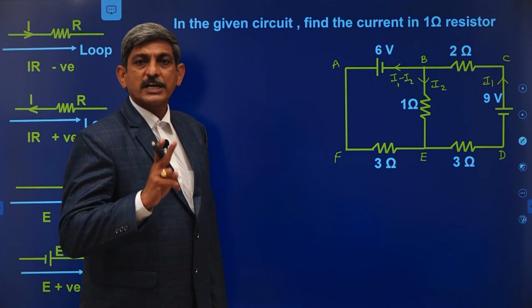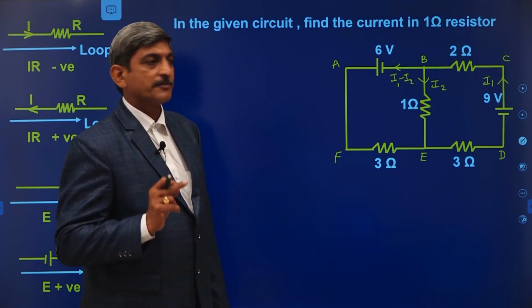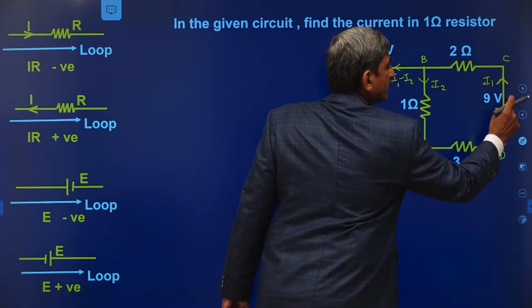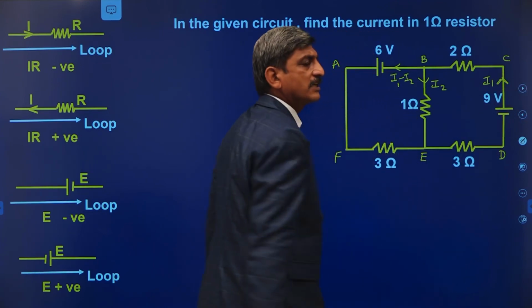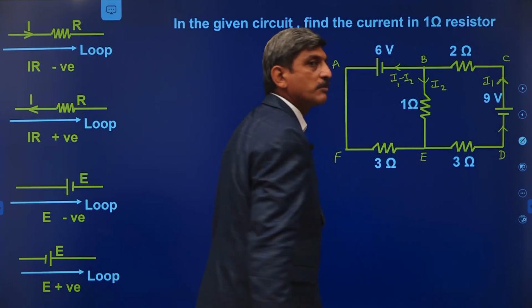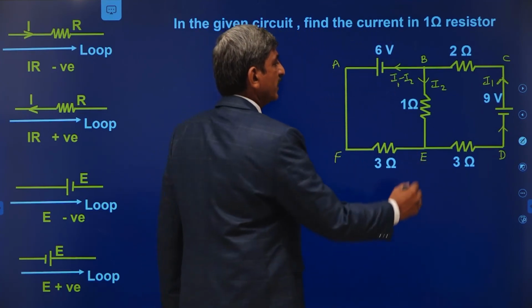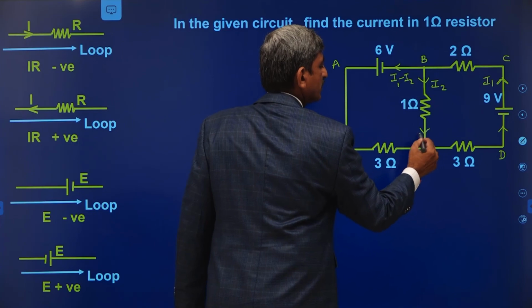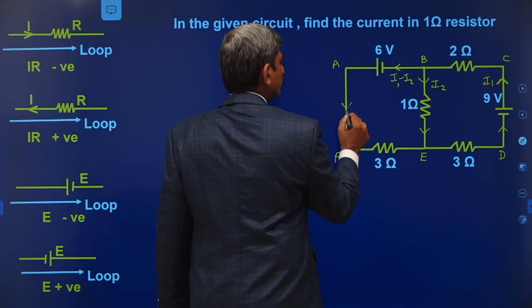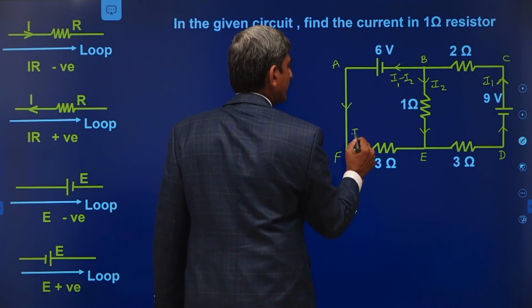But while assuming the currents, you have to keep one thing in mind. If suppose a current I1 is coming out of the positive terminal of the cell, the same current must be coming to the negative terminal of the cell. Okay? If this is I2, up to this is I2. Here, if this is I1 minus I2, this is also I1 minus I2.